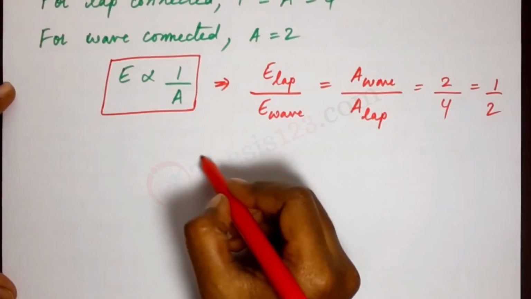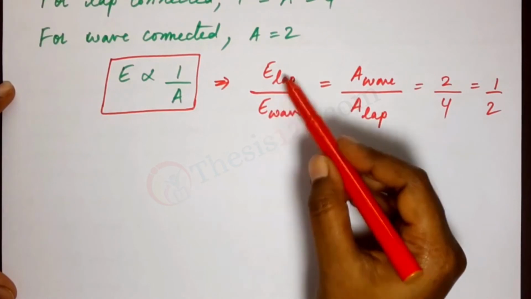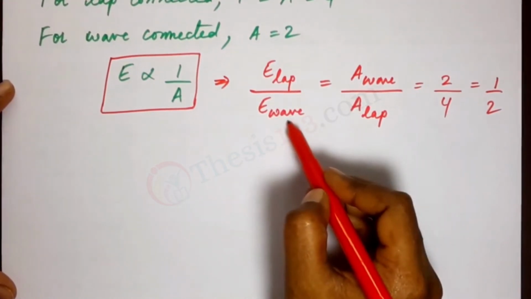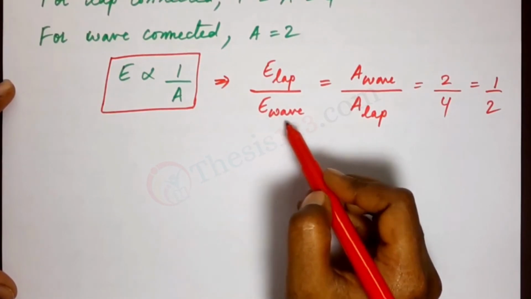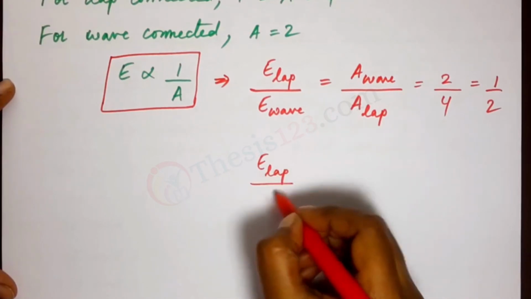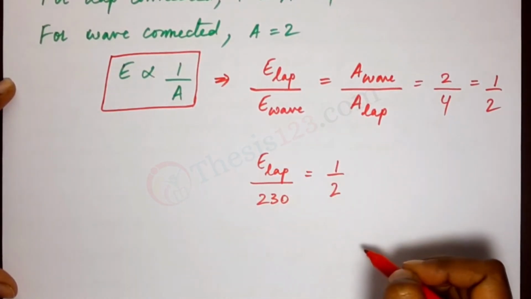Now let's substitute the values here. Now we know what the EMF of wave winding is. That's given to us as the rated 230 volts. So E lap divided by 230 is equal to 1 by 2.